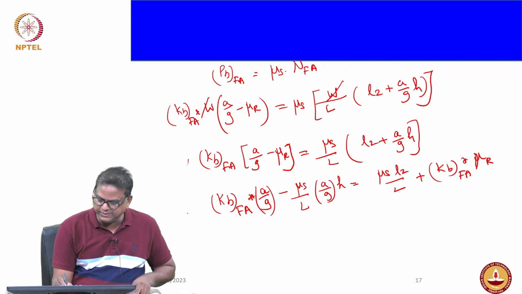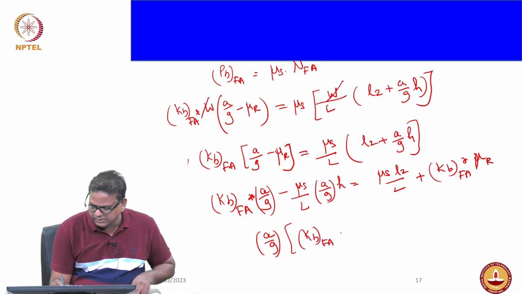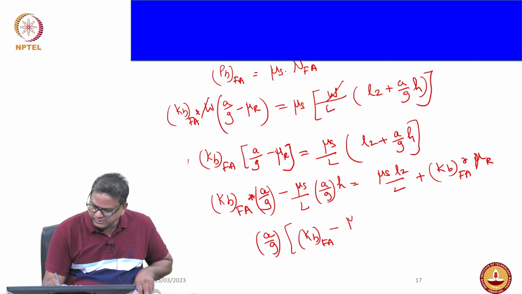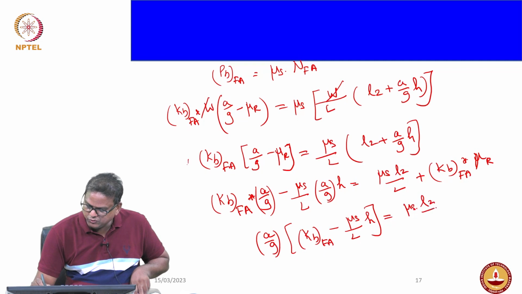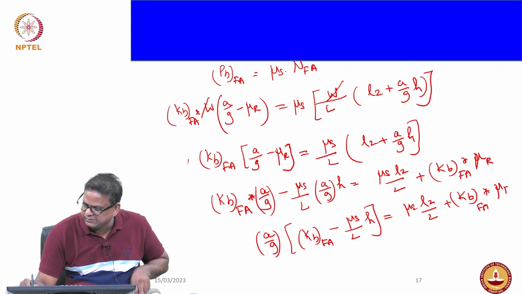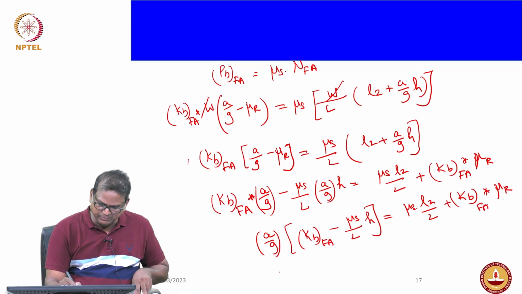So if I take the common term A by G separately, I would expect K_BFA minus mu_s by L H equal to mu_s L2 by L plus K_BF into mu R. Finally, I would need this A by G alone.